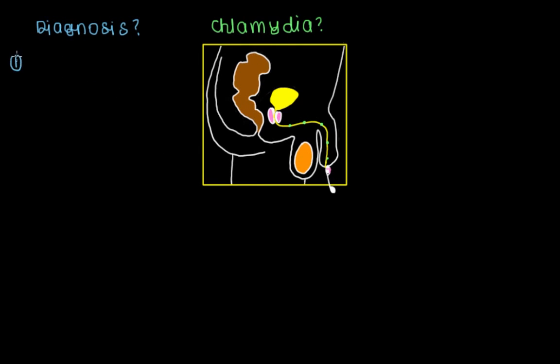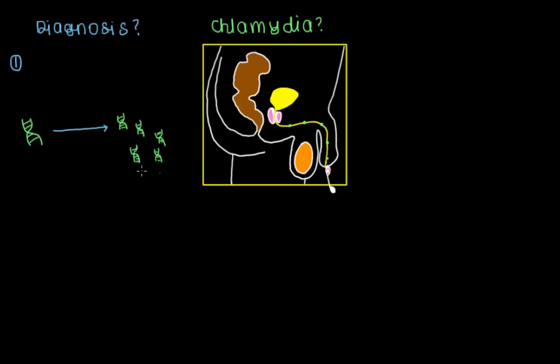The first test we can use would help us look for chlamydia DNA. So I'm going to draw a strand of DNA right here. And as you might imagine, there's going to be a little bit of that present on this cotton swab that we've collected. We can't really see if there's any chlamydia if we've only got this small amount of DNA or nucleic acid. And so what we'd want to do is multiply the number of nucleic acid samples that we have from this cotton swab.